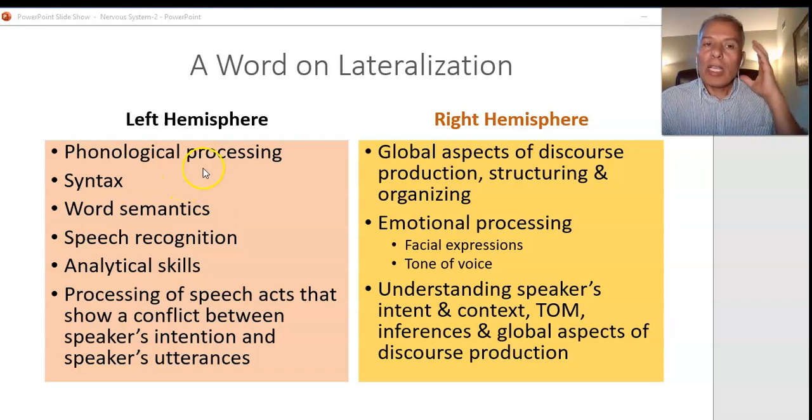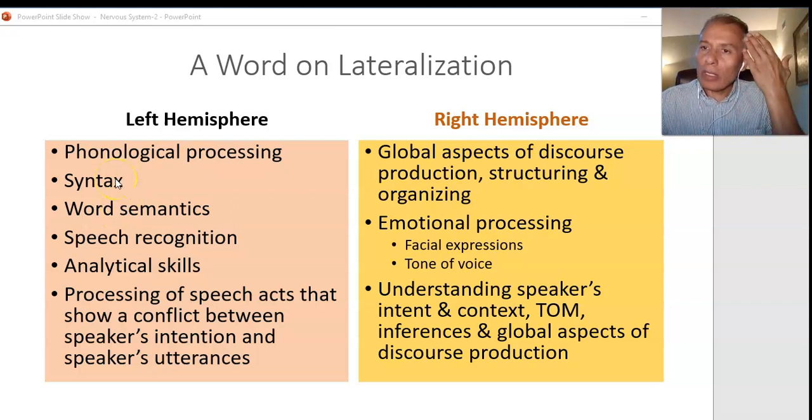So in the left hemisphere, you can do phonological processing. You can process individual sounds and combine them together to make syllables, to make words. Then the morphology: you construct words out of other words, like say polite, and then politeness. You make a word out of the other.